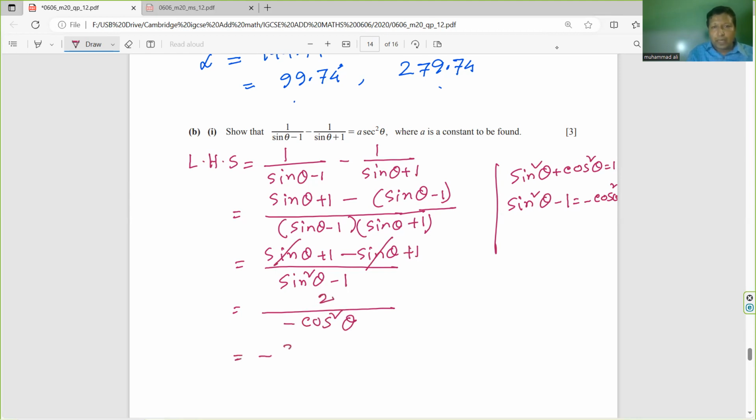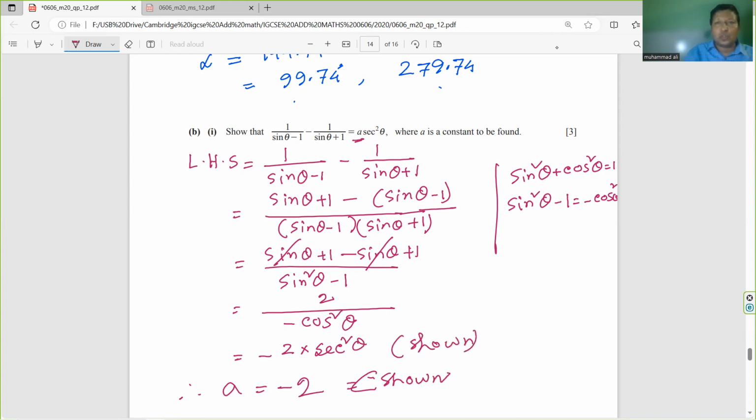So it will be minus 2 by cos square theta, and 1 by cos square theta means sec square theta. Therefore A will be minus 2. So this is shown, and here A will be minus 2.